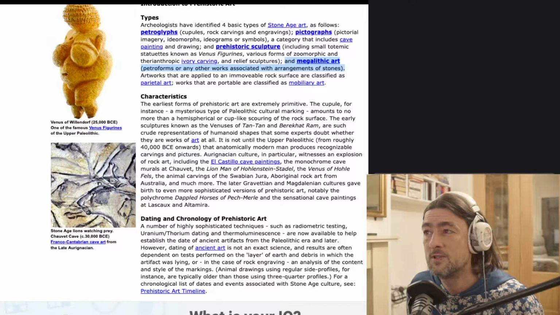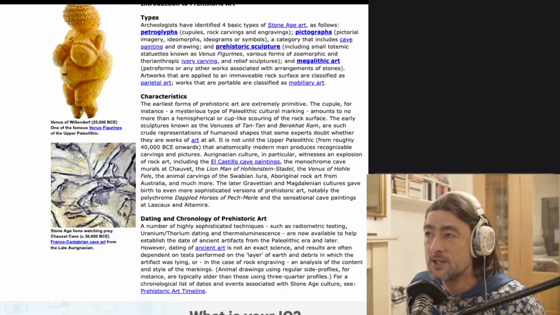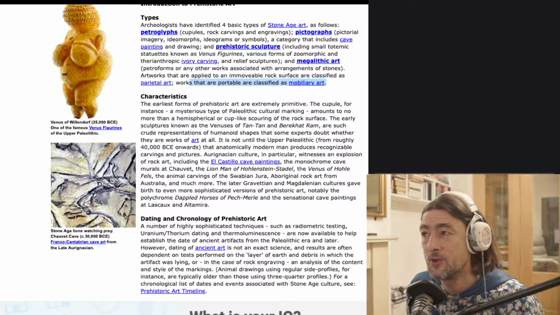That's pretty cool, isn't it? Artworks that are applied to an immovable rock surface are classified as, there's all these words, parietal art. Works that are portable are classed as mobiliary art.